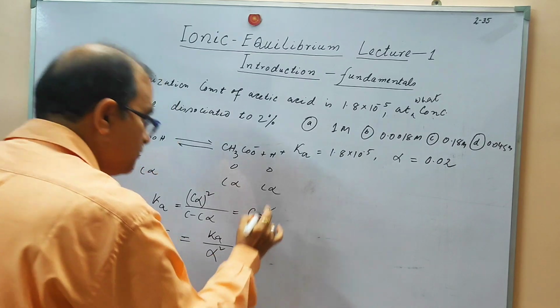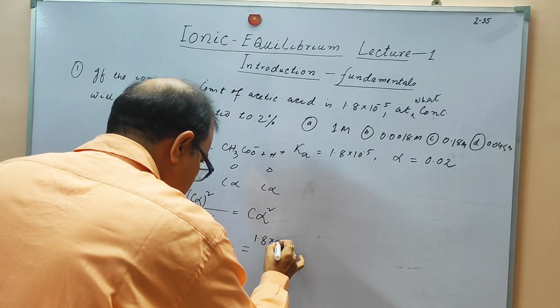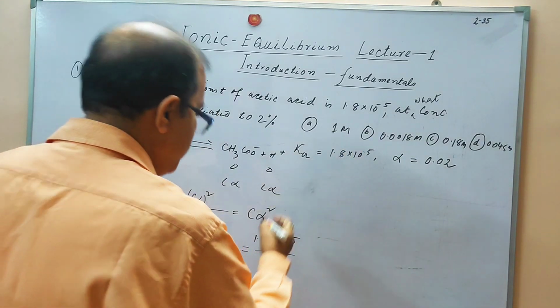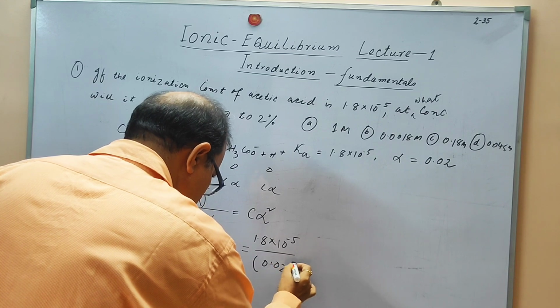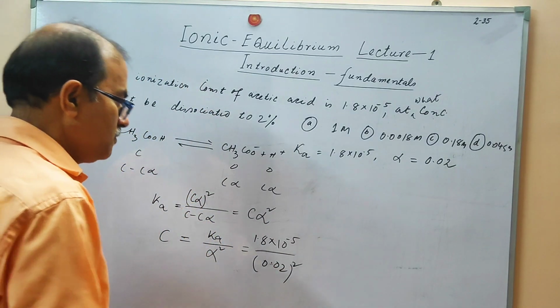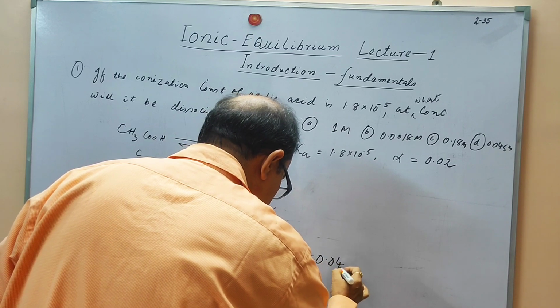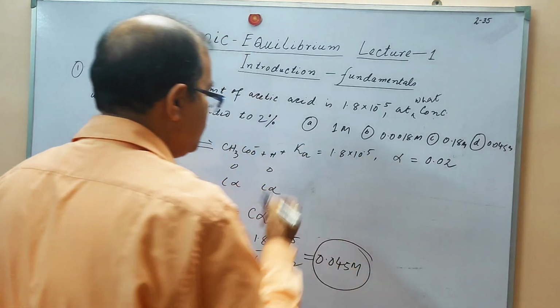Now we will put in the value of Ka, that is 1.8 into 10⁻⁵, divided by alpha square, it is 0.02 the whole square. So if we calculate this, we will get the value 0.05 moles.